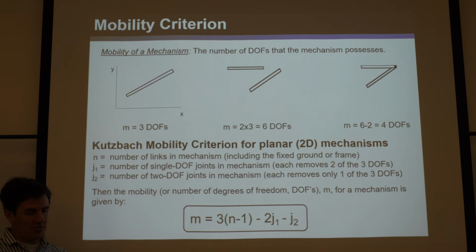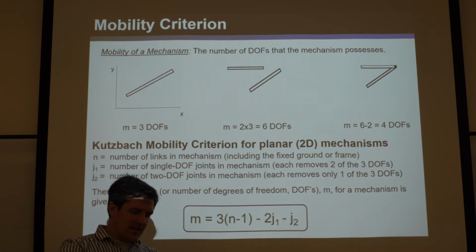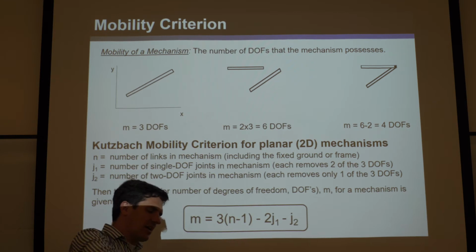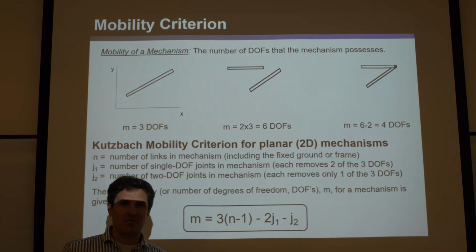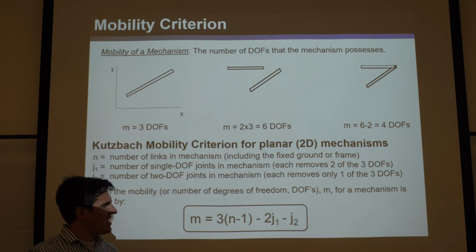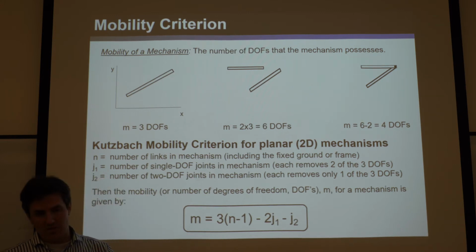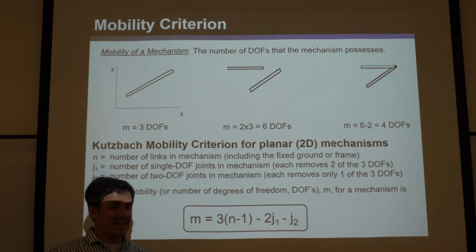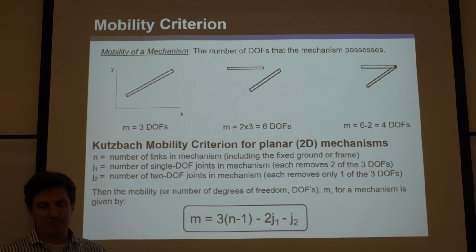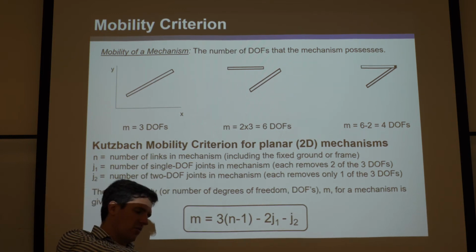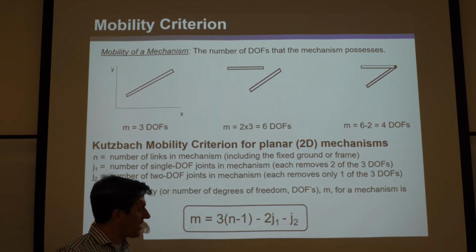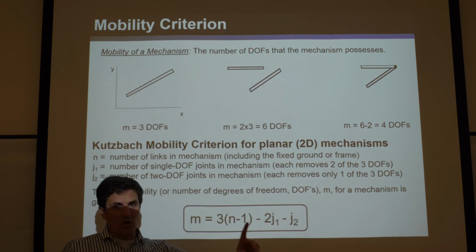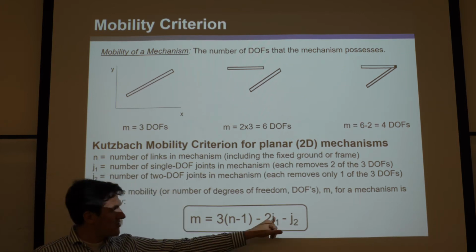If it's a 2 degree of freedom joint, like I said, the cylinder on the flat, it can slide, but it can also roll. That's 2 degrees of freedom. That would be a J2 joint. That means if it allows 2 of your degrees of freedom, a translation and a rotation, it's killing the other translation, the one into the page, or the one that would break the joint. So 2 degree of freedom joints only kill 1 degree of freedom, so that's why there's a 1 here.